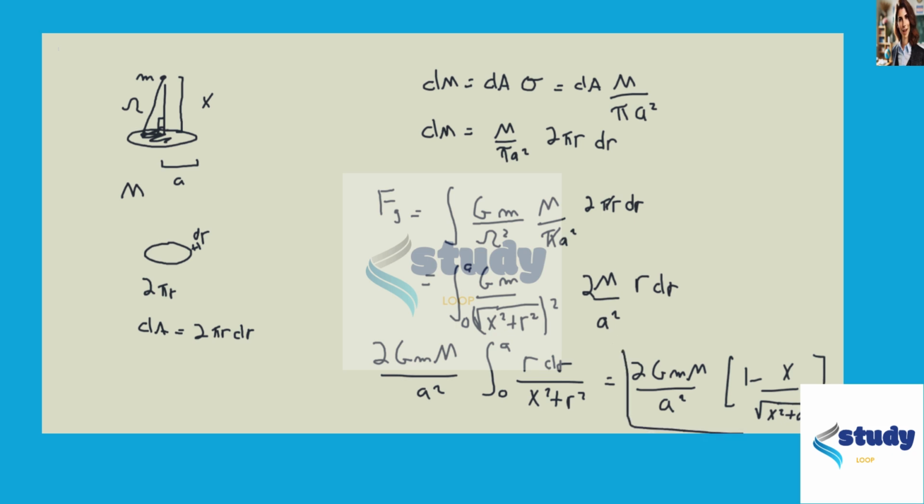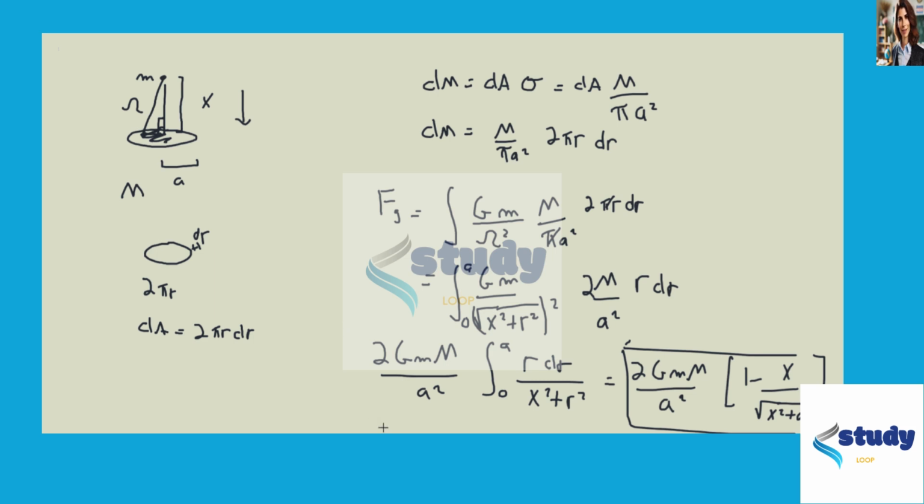So that is our force. This will be straight in the downward direction for the force being applied on the little mass. By symmetry, there's going to be no force in the horizontal direction.